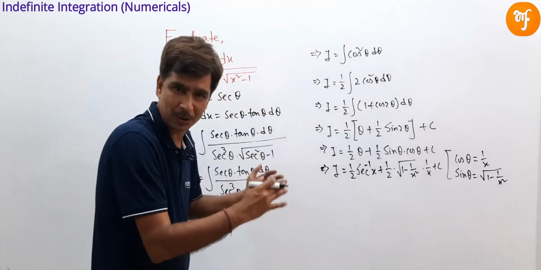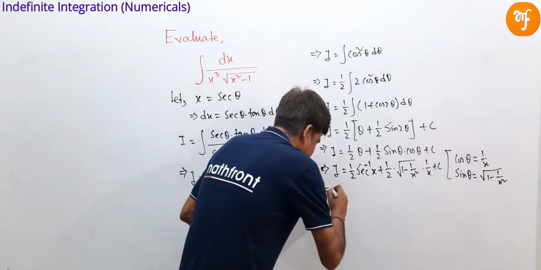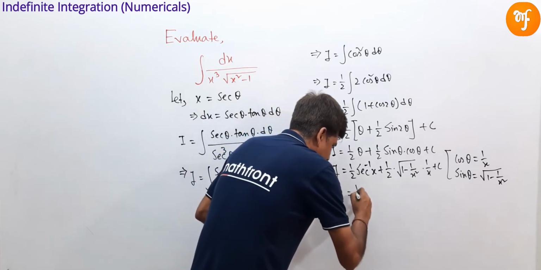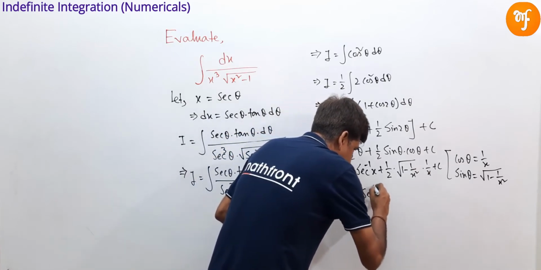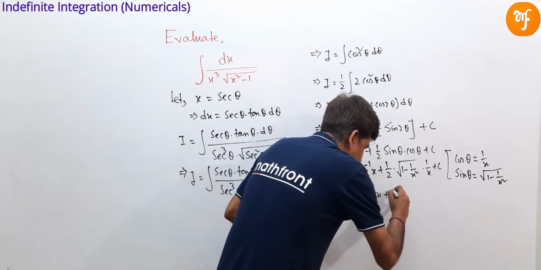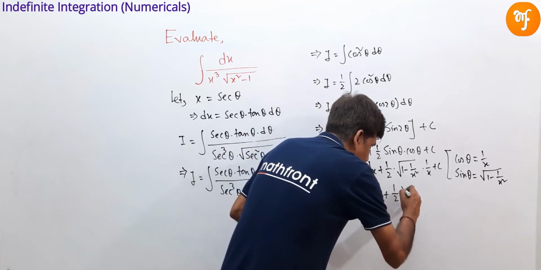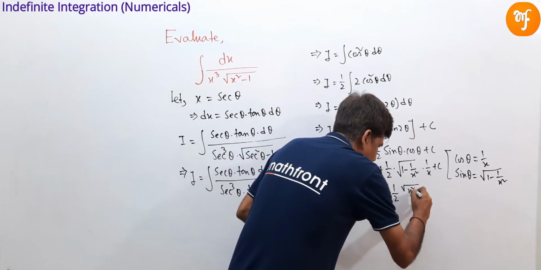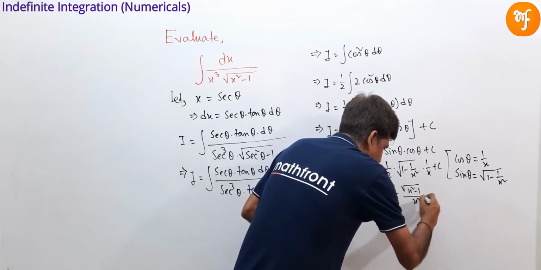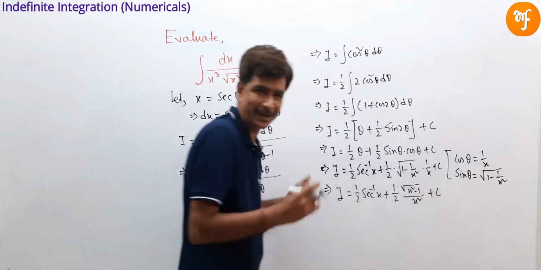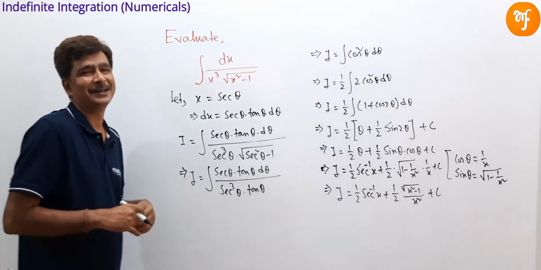Now simplifying more, we will get I is equal to half sec inverse x plus 1 by 2 into square root of x square minus 1 by x square plus c. Clear? Now come to the next question.